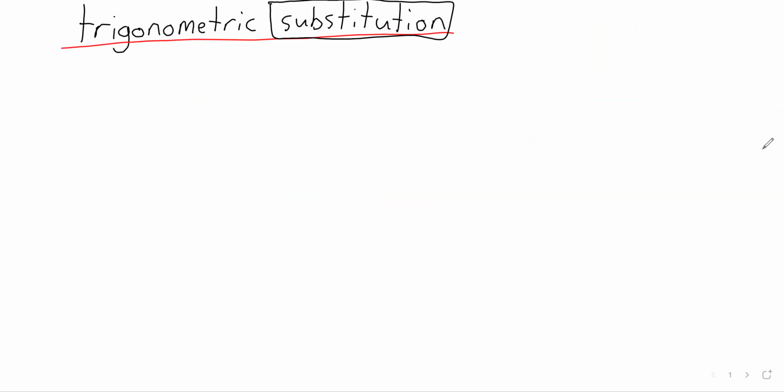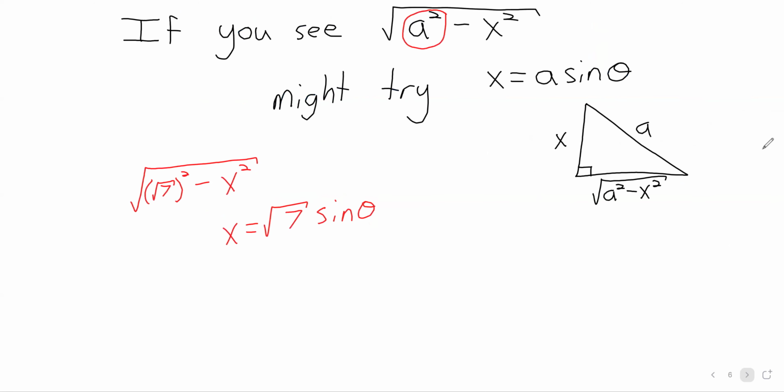Going way back, not that way back. You see this statement. If you see a square root that looks like this, you might try doing such and such a substitution. Well, there are 2 other statements for 2 other trig functions and 2 other square roots. The good news is that, once we have the idea, this idea transfers smoothly.